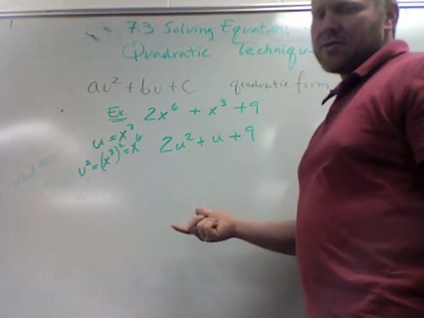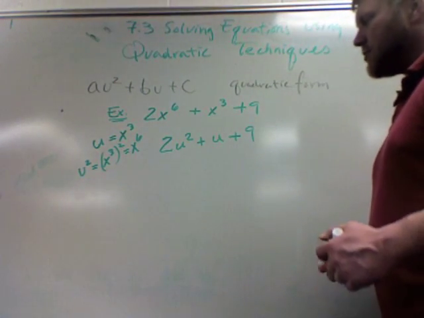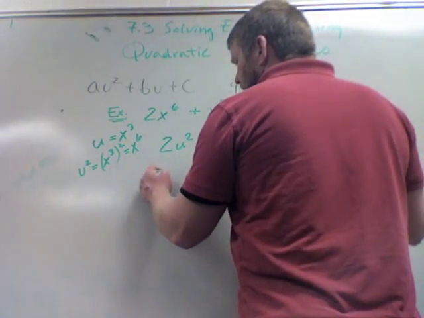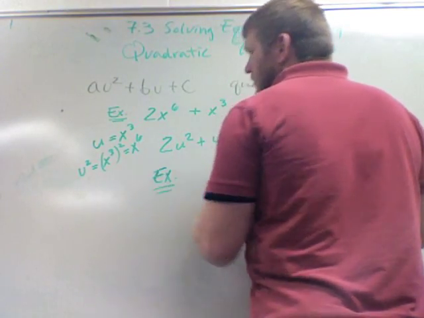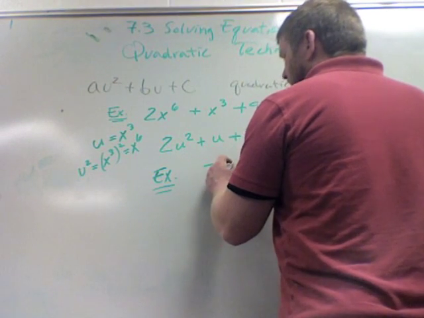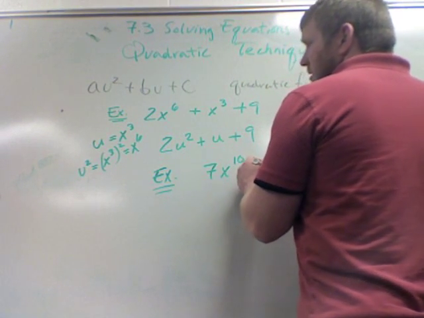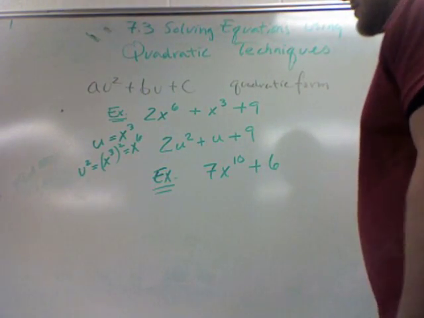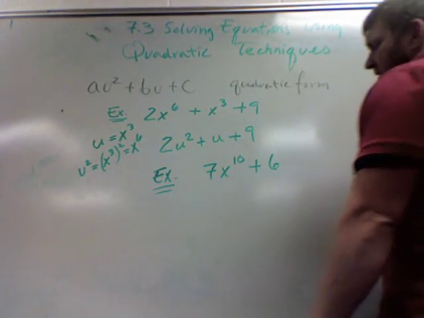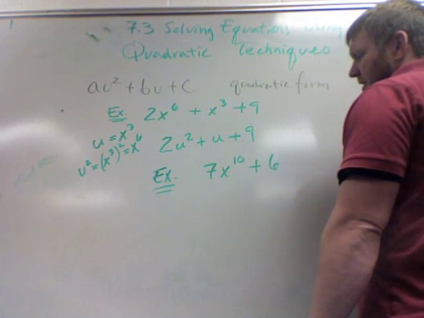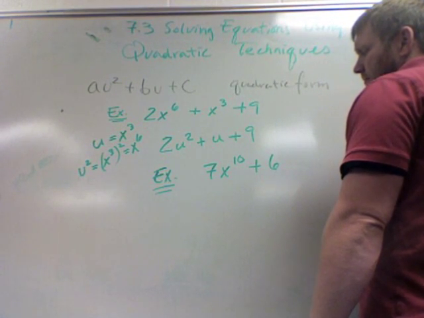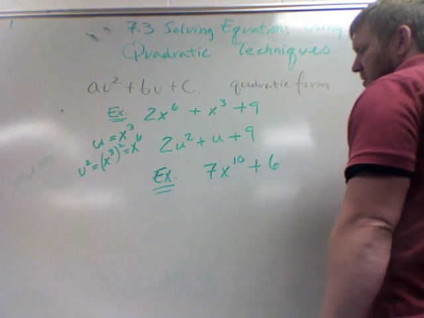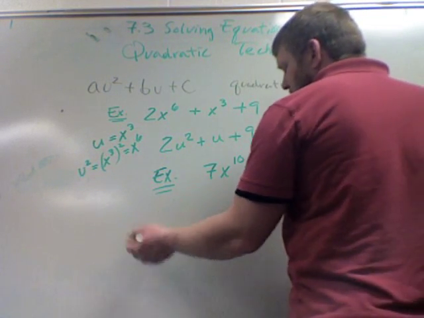Now there are cases where I would not be able to do this, but in this particular case I was able to. Let's see if we can do another one. Let's say we had 7x to the 10th plus 6. Fairly easy. In this case, you have something squared.